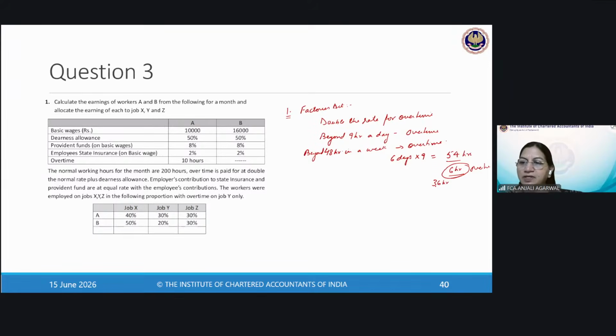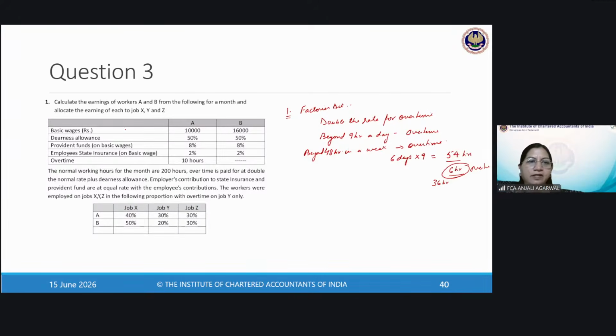So 3 hours per day, 9 hours would be considered as overtime. Is it clear?